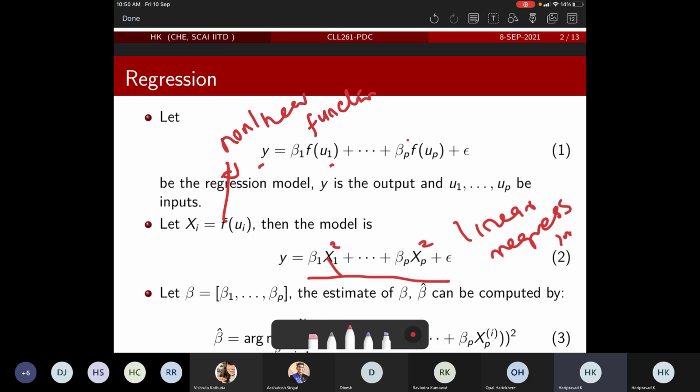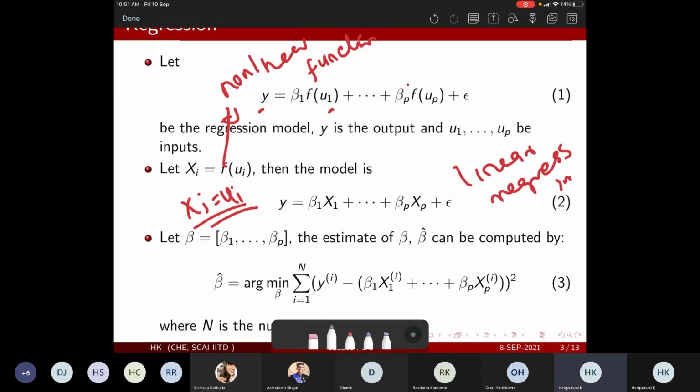If this nonlinearity is not there, this xi directly becomes ui. Eventually the linearity or non-linearity in the input is something that you need to fix. Let's assume that everything is linear enough to make things simple.